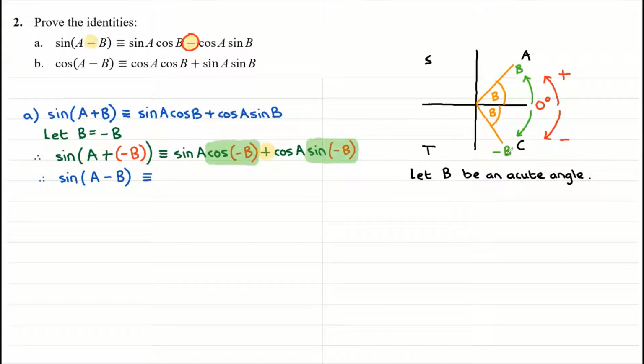Now, this idea throws up some interesting consequences. What if I take some trig values of these angles? Well, let's consider first of all what the sine of B is going to be. From the diagram, the sine of B, which I'm going to write in that green color again, is it going to be equal to the sine of minus B, or negative B, perhaps?